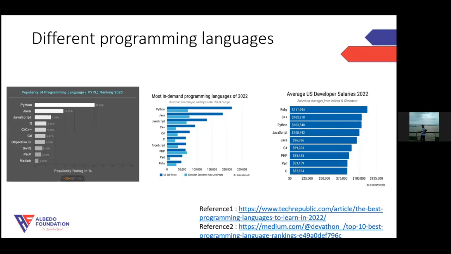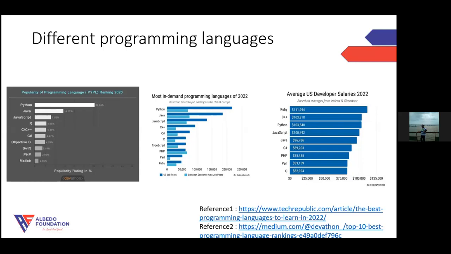Based on a few surveys, in the first plot we can see the popularity ranking of programming languages in 2020. This analysis is from an agency called Devtan. They took the popularity of programming languages in percentage, and they gave around 30% popularity to Python. That means 30% of people usually use the Python programming language.